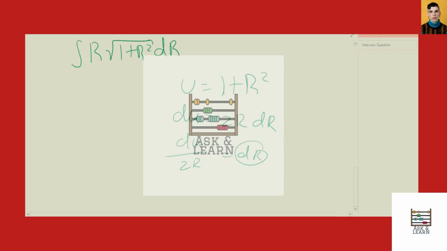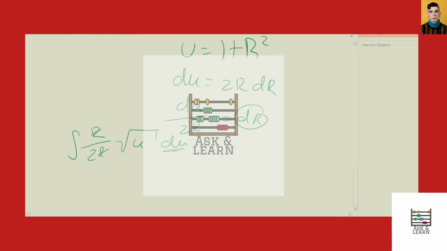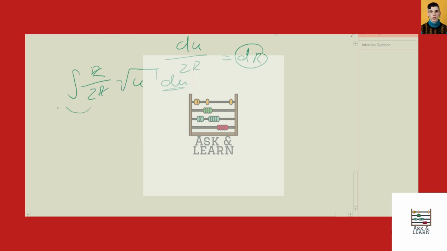So that means we can swap these. So then we have r over 2r times u du. So that means these cancel out, which is good because we have the du and we should only have one variable.